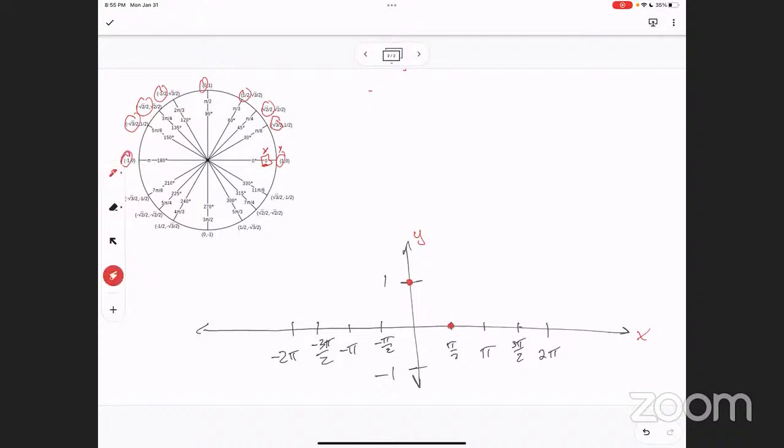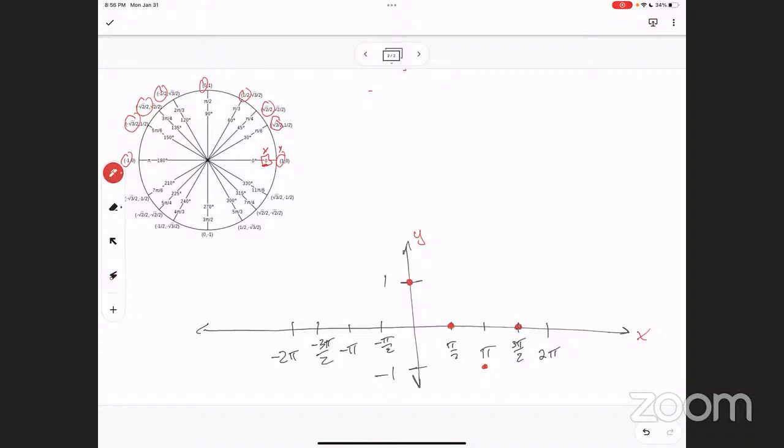See over here, it's -1 at pi, so it goes down to here. And at 3 pi over 2, the cosine is 0.